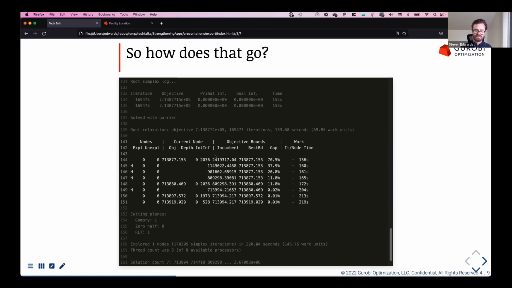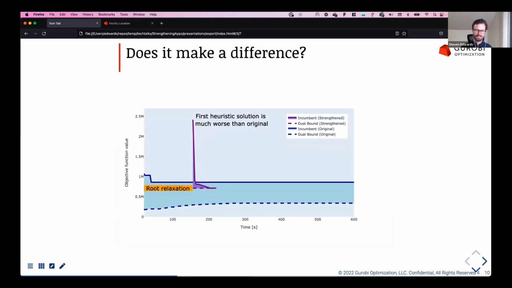But then once you enter the branch and bound logs, it doesn't even branch, and the incumbent crashes down. You have a really nice tight bound that barely needs to improve, and you get to optimal within 4 minutes, compared to a 60% gap after 10 minutes. Visualizing this, it's a pretty interesting story. Again, we're minimizing.